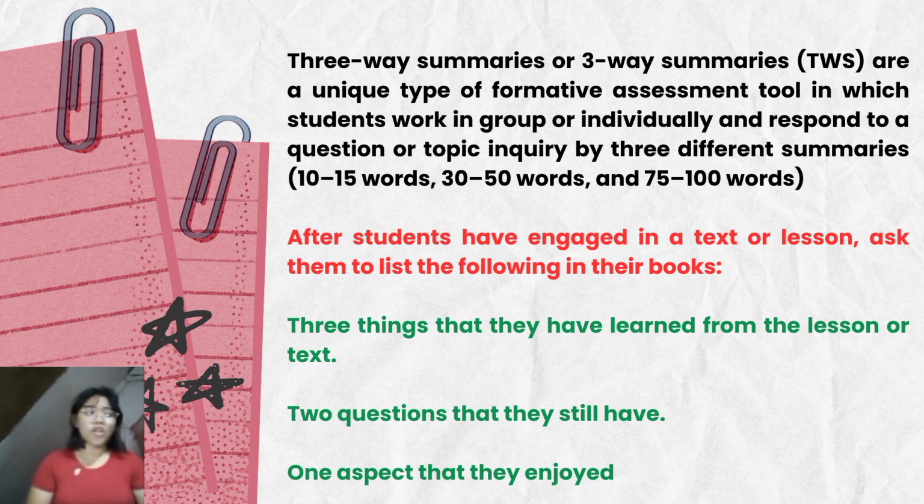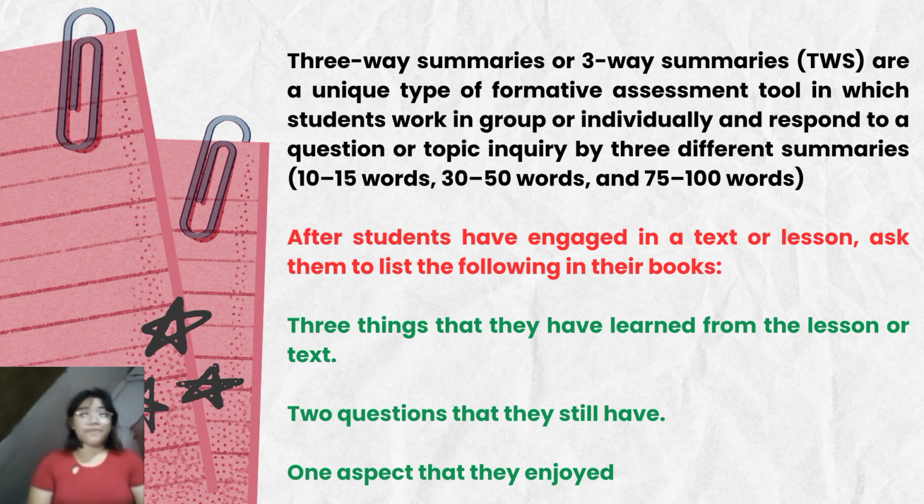For example, you could ask the students to record 3 of the most important ideas from the lesson or the text, 2 supporting details for each of these ideas, and 1 question they have about each of these ideas. After the students are engaged in a text or a lesson, ask them to list the following in their books.